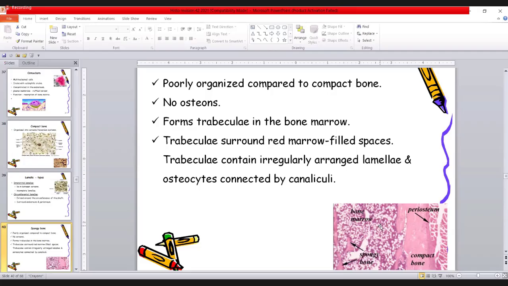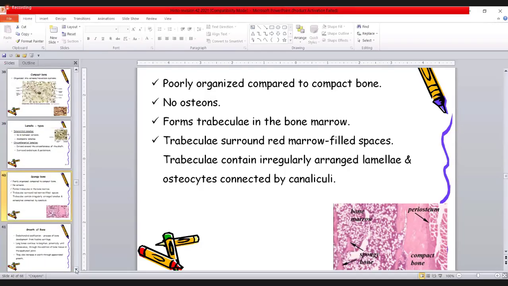It is irregularly arranged lamellae, and there are osteocytes connected by canaliculi, but no osteons as such. So for spongy bone, you can describe the osteocytes and lamellae, which are irregularly arranged, and osteocytes have canaliculi. That's all about spongy bone.